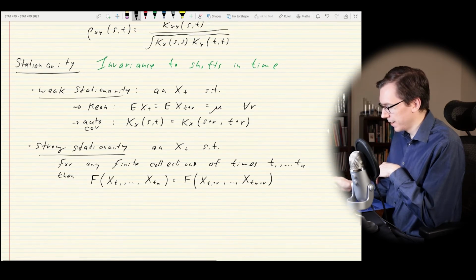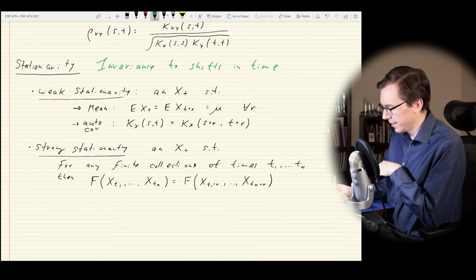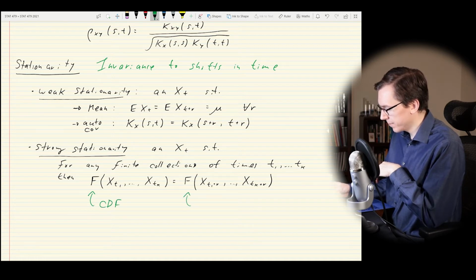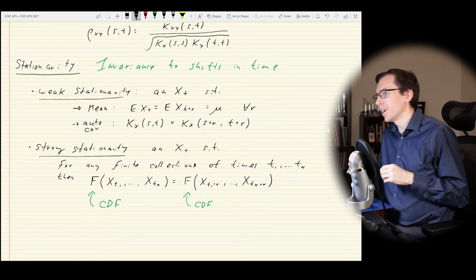Here, F is the CDF, the cumulative distribution function.